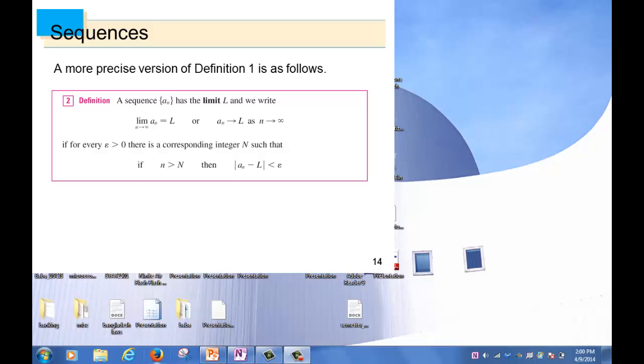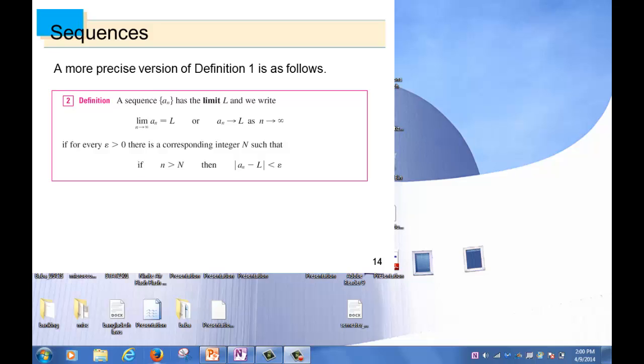Am I making sense? And the answer is that I can make the nth term as close to L as I desire, simply by choosing n large enough.